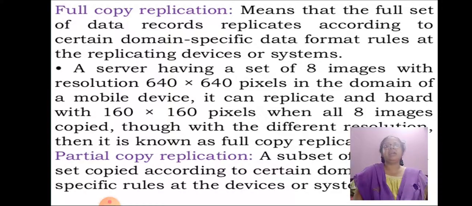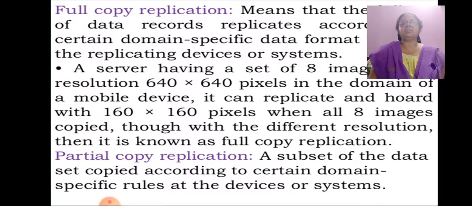When all 8 images are copied, though with different resolution, it is known as full copy replication. Partial copy replication: a subset of the data set is copied according to certain domain specific rules at the devices or systems.